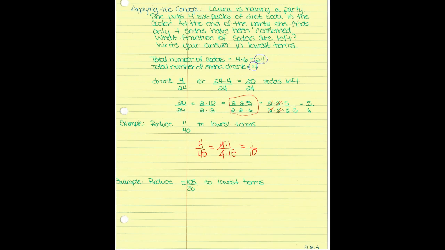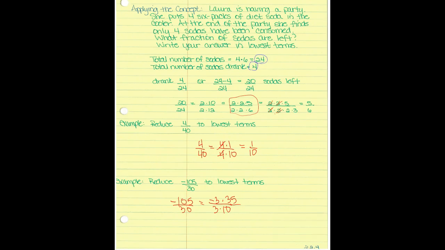Now let's try negative 105 over 30. Well, negative 105 and 30, I do know 30 is 3 times 10. And negative 3 times 35 will get me 105.